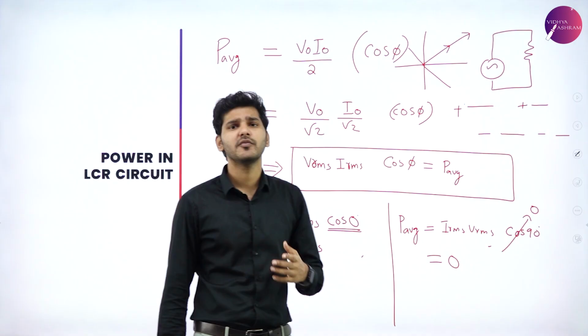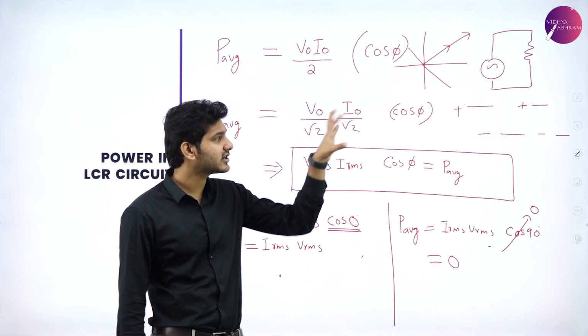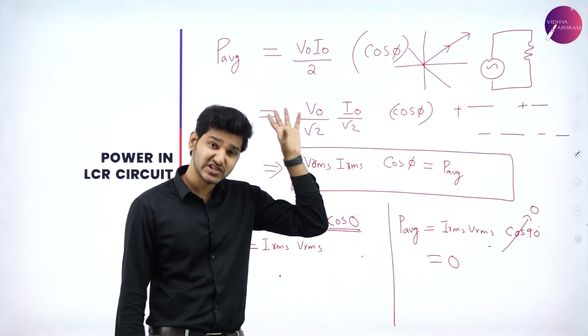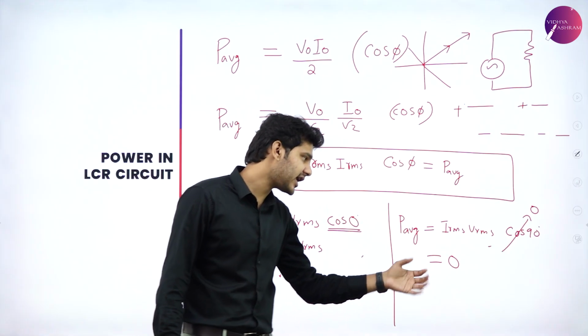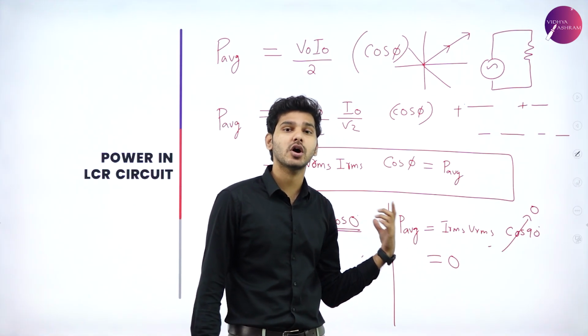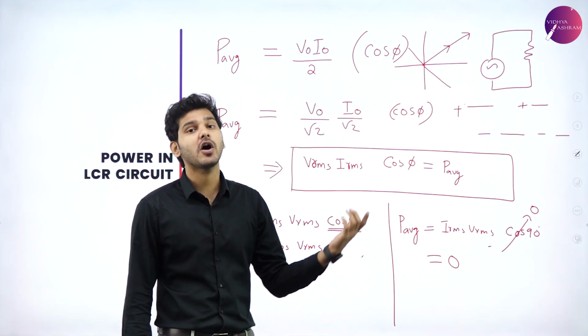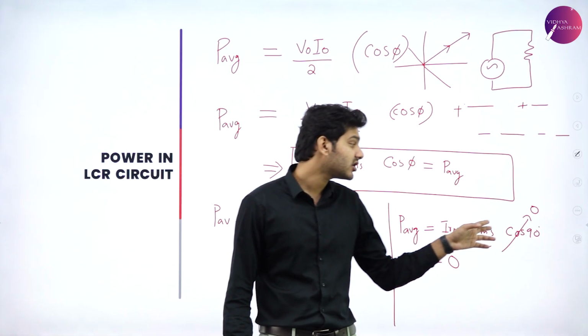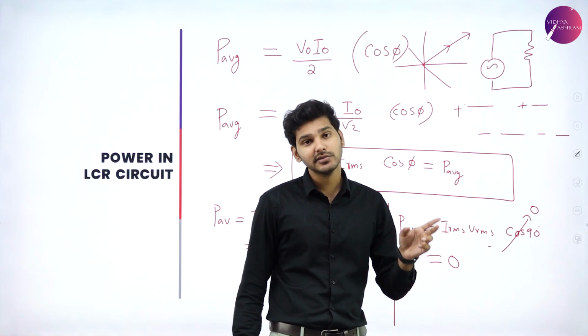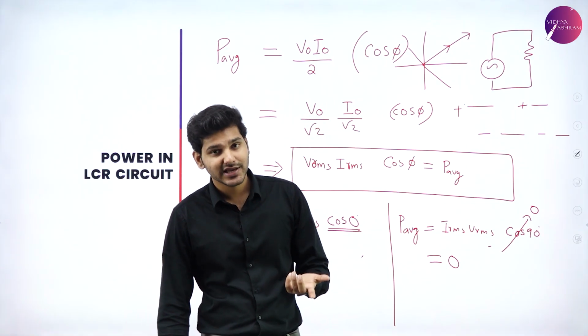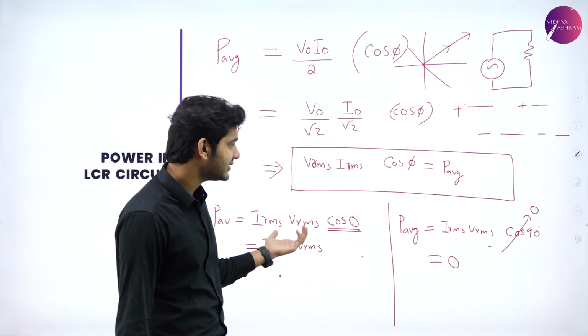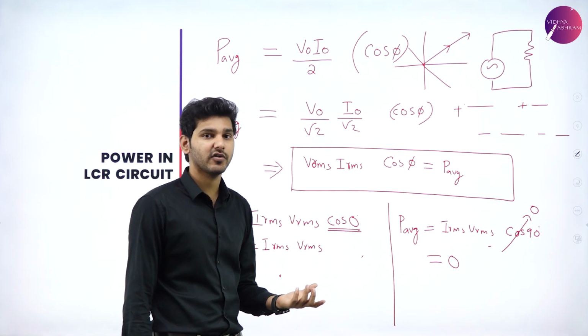That is why we can't take the average value of certain quantities. I have already explained that. Just like that, I cannot take the average power output of a purely inductive or capacitive circuit because the angle between current and voltage is 90 degrees. So hence we cannot take the average power output.